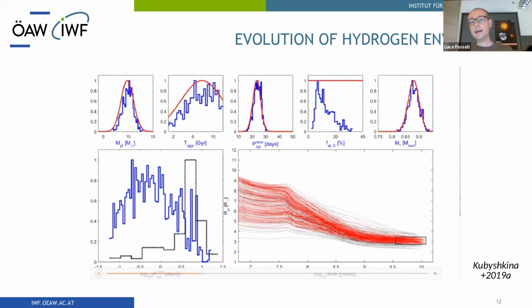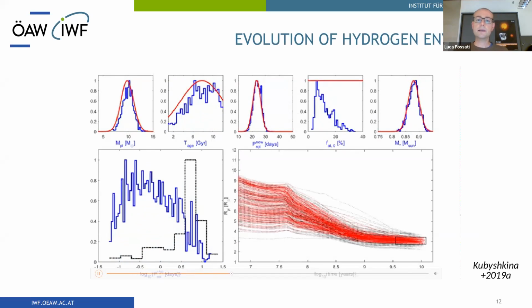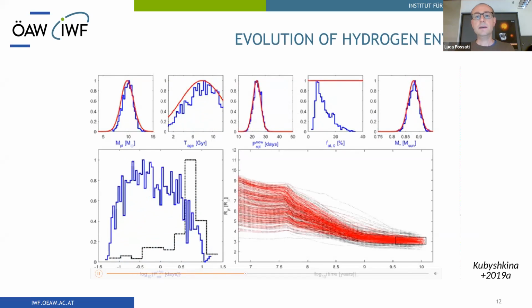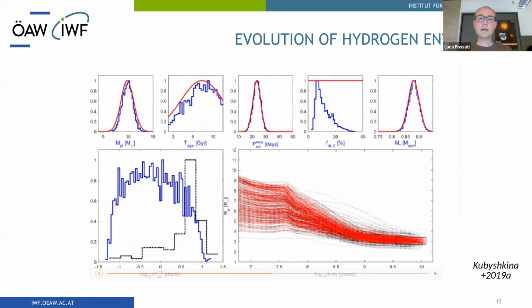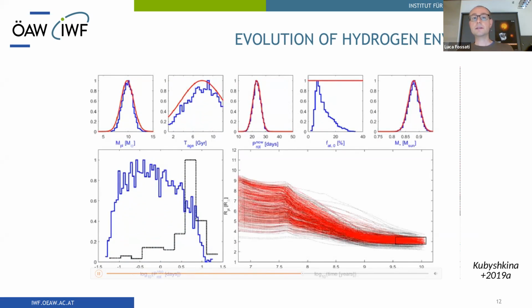And the lines in black are those that at the end do not end up inside the box, while the red ones are those that end up inside the box. And you see that the priors are then respected. And then there are posteriors that are appearing, those in blue.